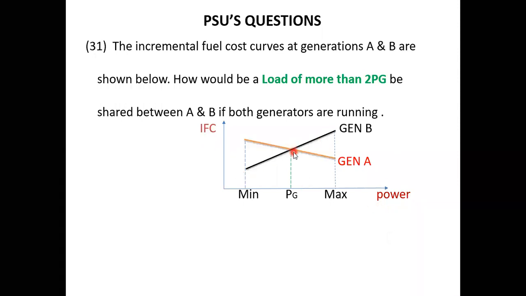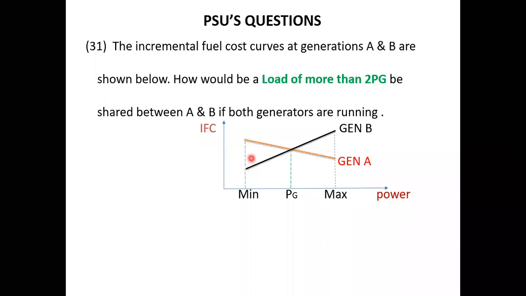These two are the corresponding incremental fuel cost with respect to power for generator A and generator B. If you observe the characteristics, this is the minimum power generation and this is the maximum power generation. These are the constraints for generators A and B: this is the lower limit and this is the upper limit.